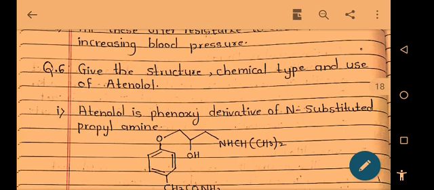Atenolol is a cardiovascular drug used in the treatment of generally the cardiac heartbeat, that is, in blood pressure.